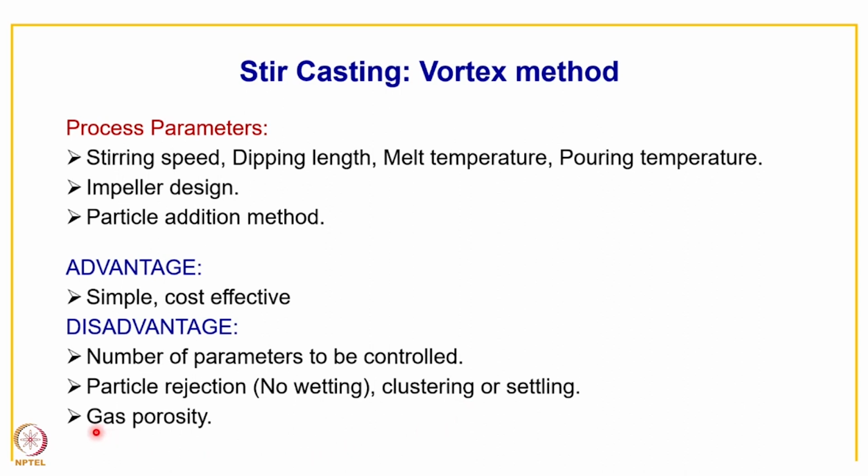And then gas porosity is also a problem, because while creating this vortex, air bubbles can be trapped into the liquid metal because of this agitation of the melt, and that would lead to the creation of gas porosity in the solidified composite material. But nevertheless, this is one of the most cost-effective and simplest methods of making metal matrix composites, including aluminium-based composite materials.